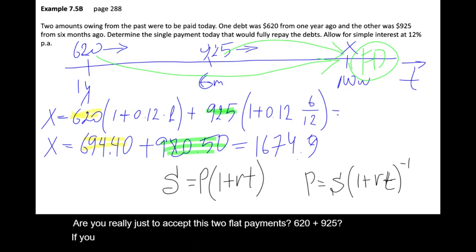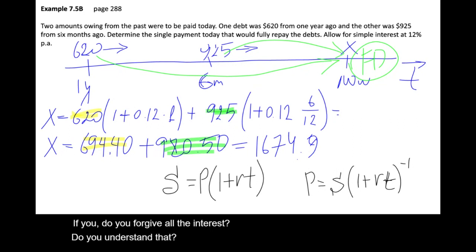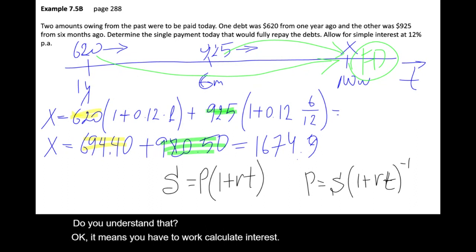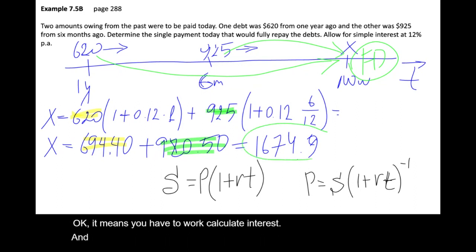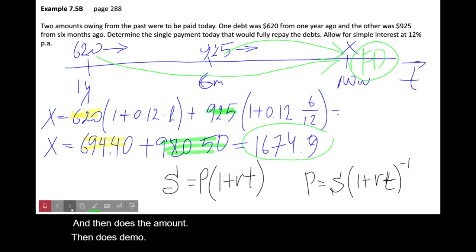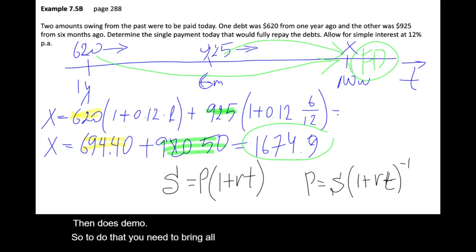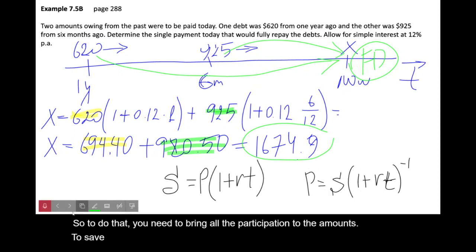If you do, you forgive all the interest. Do you understand that? Okay, it means you have to calculate interest, and then that's the amount. So to do that, you need to bring all the amounts to the same day, which is the focal date.